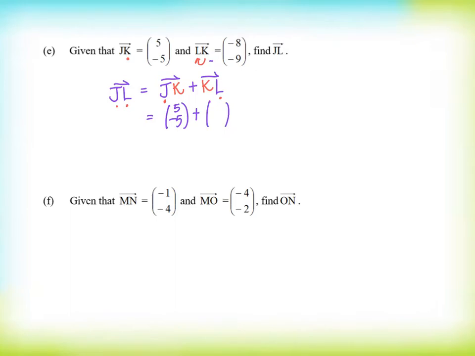They are negative vectors. So now this is negative 8, it will become positive 8. This is negative 9, it will become positive 9. And adding up the answers, we'll be able to get 13, 4. Have you gotten the answer? Would you like to try F on your own first?